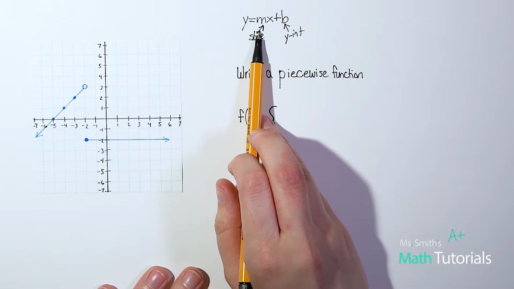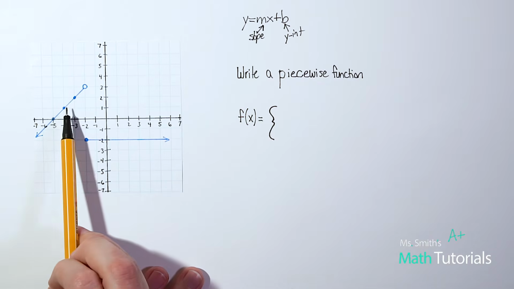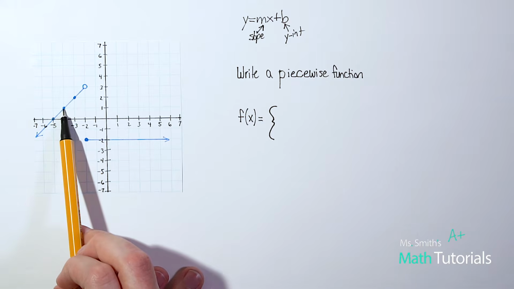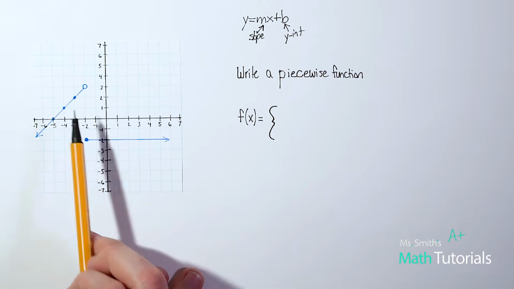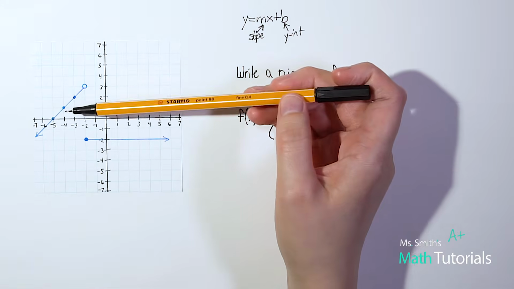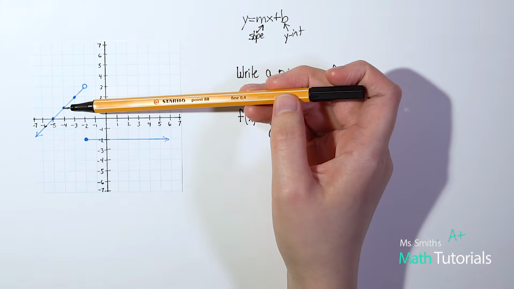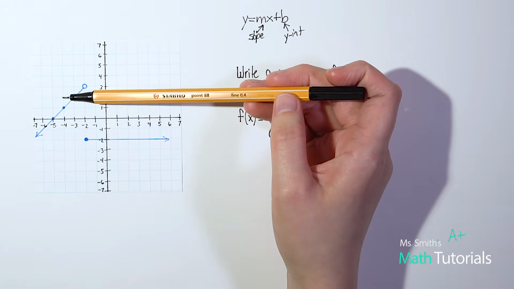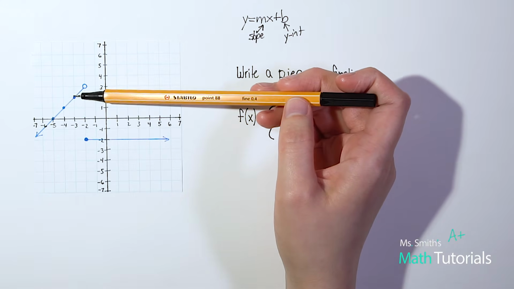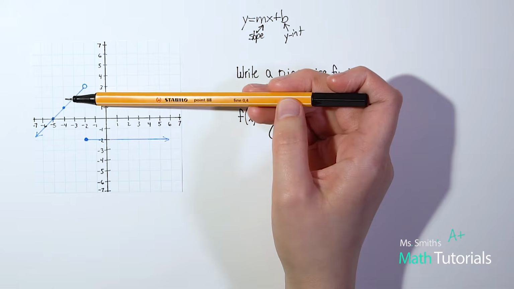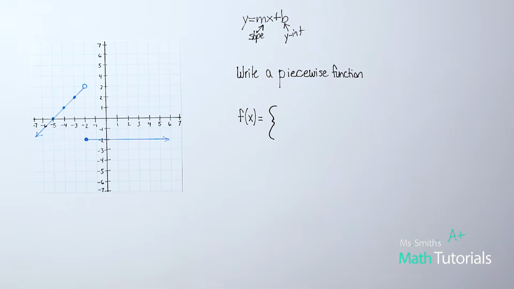And then as far as the slope, all I have to do is count rise over run. Remember, slope is rise over run. So if I just picked a point, right, how many do I rise to get to the next point? 1. And how many do I run to get to the next point? 1. Okay, and it was up 1, right 1. So +1 over 1 or just 1.